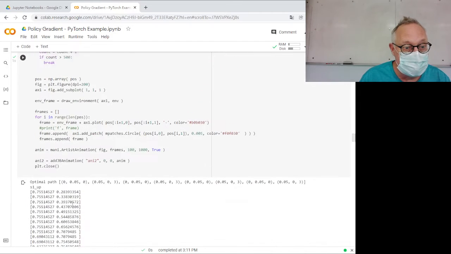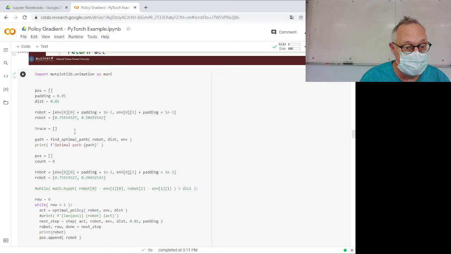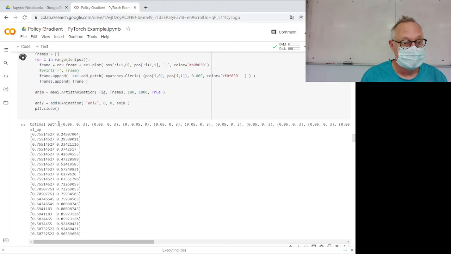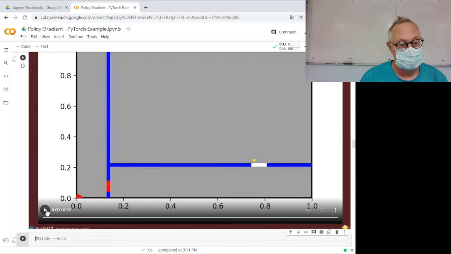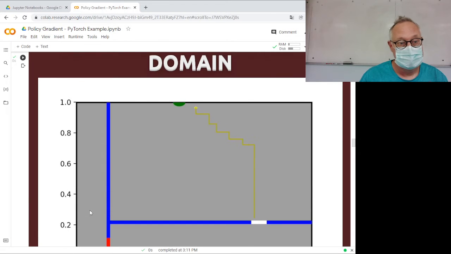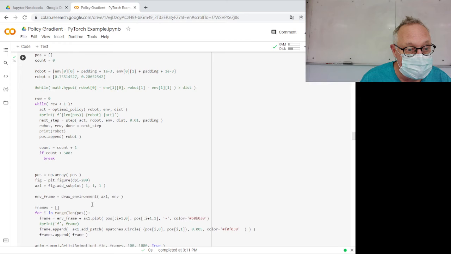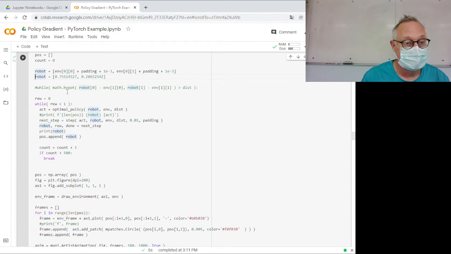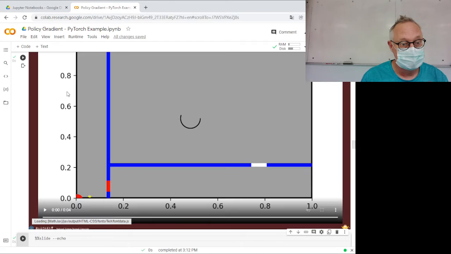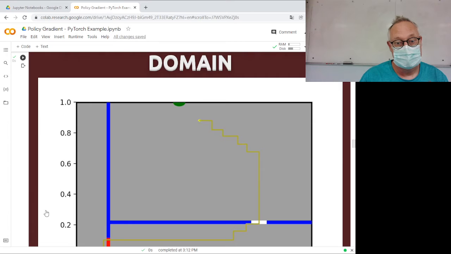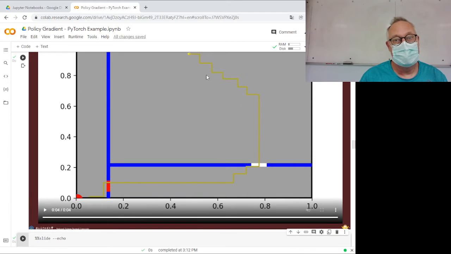Okay, I don't want to draw it from 1, 2, start at 0, 0. Right, so this is our optimal Manhattan path now.